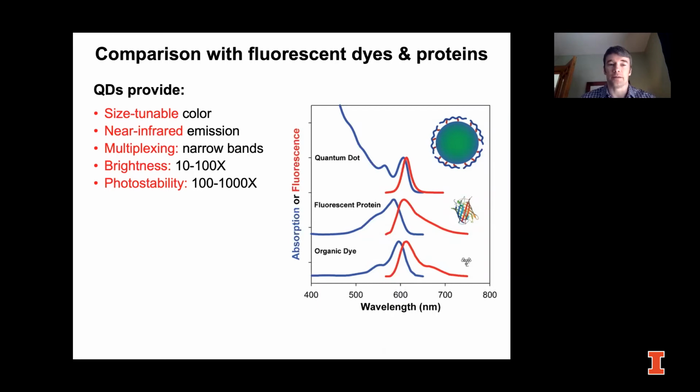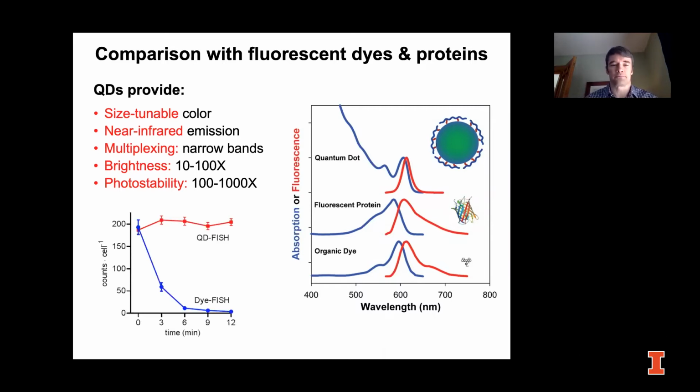They also have extremely bright emission, about 10 to 100 times that of an organic dye or fluorescent protein, and they're much more photostable. This shows a comparison of the signal you get out of an individual molecule in an individual cell for a dye versus a quantum dot.